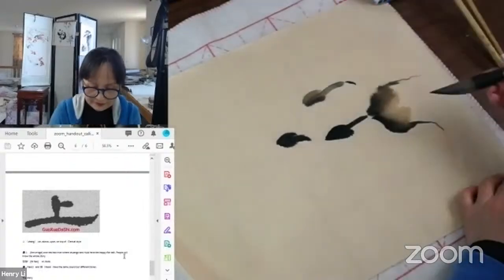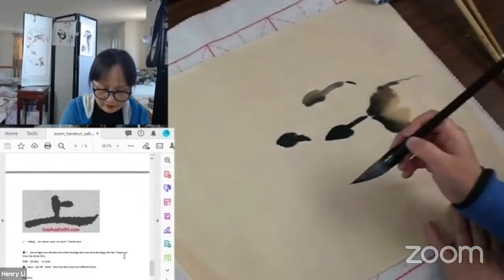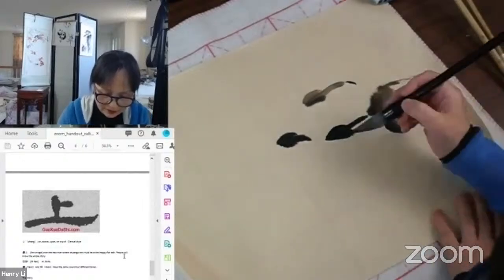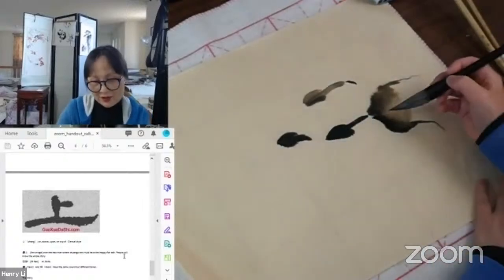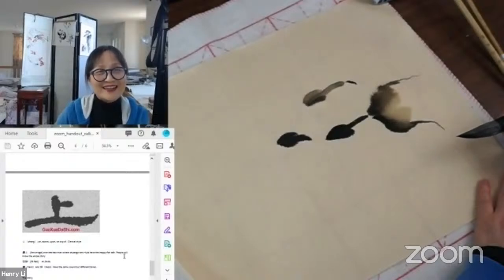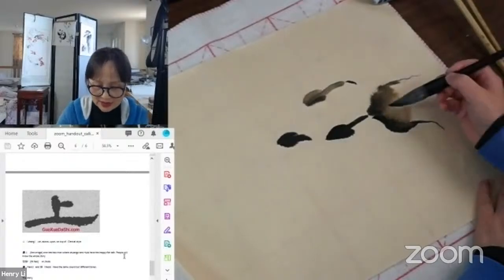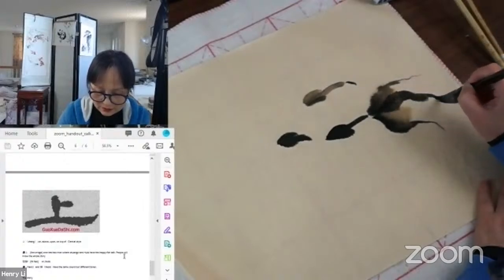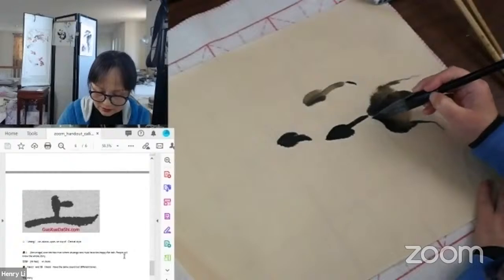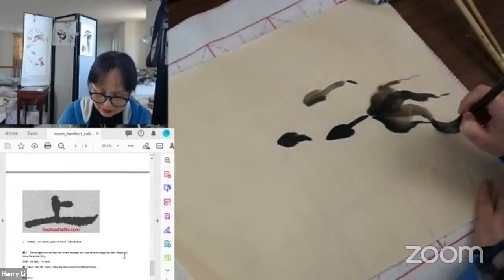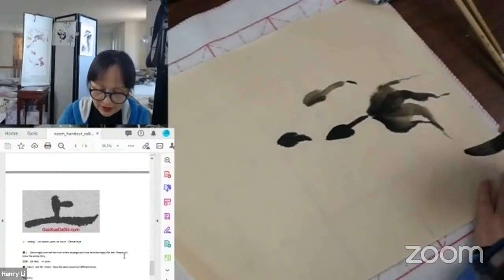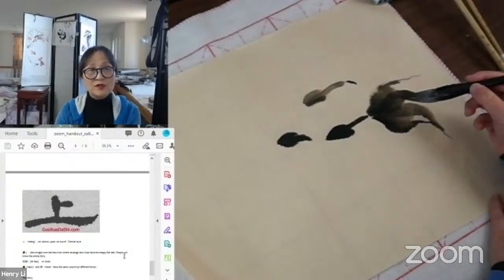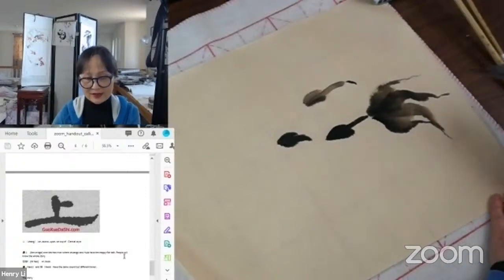And then you do literally four pieces of tail. You put four strokes. The two center ones are a little longer and the side ones a little bit shorter. That's for the tail.